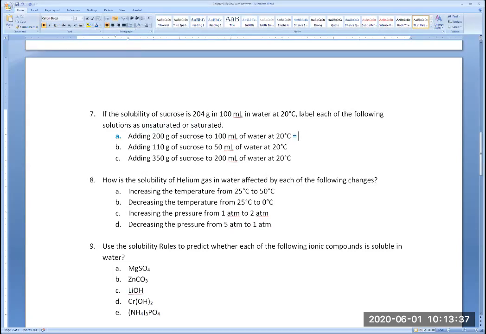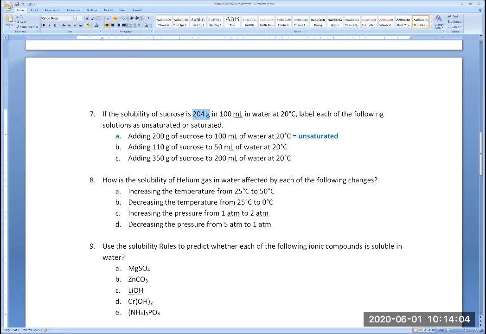Yes, it's unsaturated, and this one is easy to see because we have the same amount of water and same temperature. Actually, we will always compare to the same temperature. Here, 200 is slightly less than the maximum, which is 204 grams of sucrose. So we're slightly under, and so it will be unsaturated.